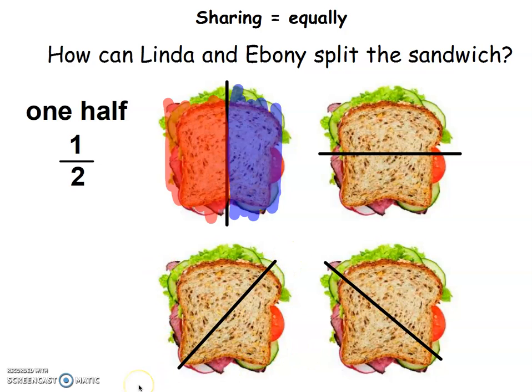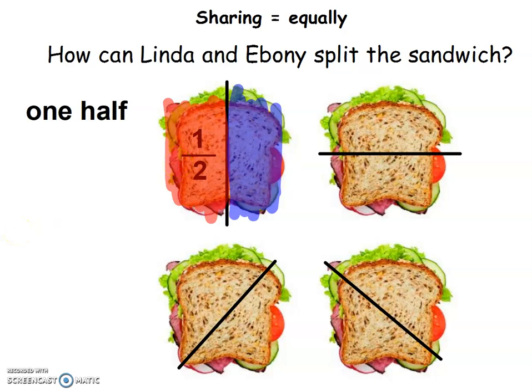And when you cut this in half, it's definitely going to be exactly the same size. So there are different ways that we can cut this whole sandwich into equal parts, okay? So that you have 1/2. So this is 1/2 of that whole sandwich, okay? I have 1 part of the 2 parts I cut my sandwich into, okay?